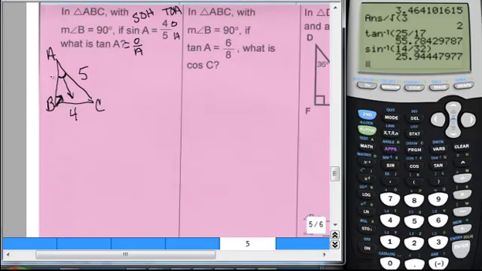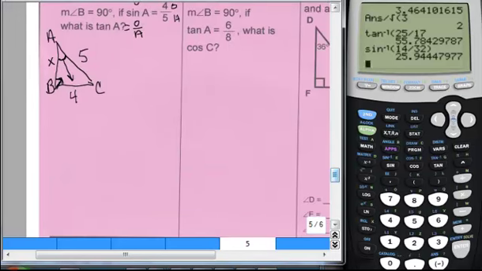We need to figure that one out. So you can either use the Pythagorean theorem. So x squared plus 4 squared equals 5 squared. Some of you may be able to recognize that this is the Pythagorean triple and could know right away what number goes here, in which case you would not have to do the Pythagorean theorem. But if you do not recognize that it's a Pythagorean triple, then you need to complete your Pythagorean theorem.